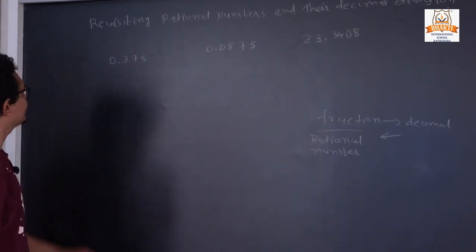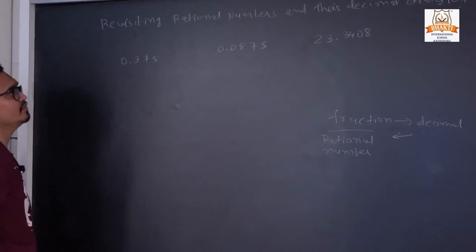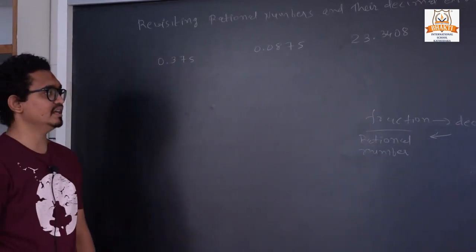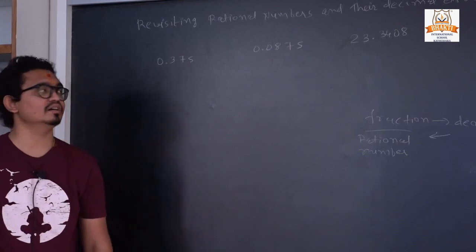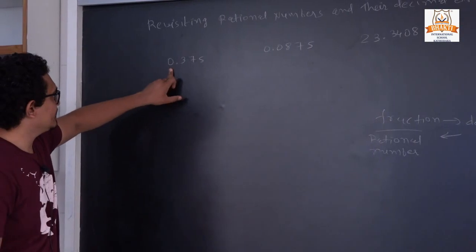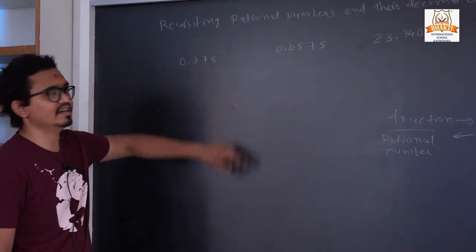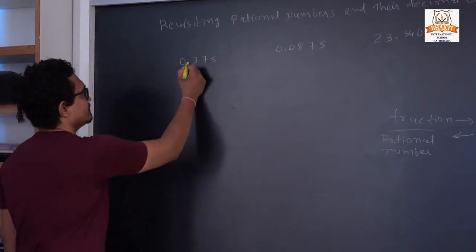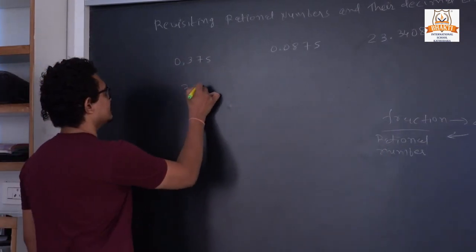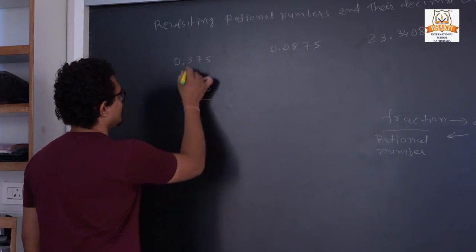So here we can take some examples so you can get the idea how to convert a decimal into a rational or fraction form. Here we are taking 0.375. After the point how many digits do we have? 3 digits. So we can write 375 upon, how many zeros? 1, 2, 3.